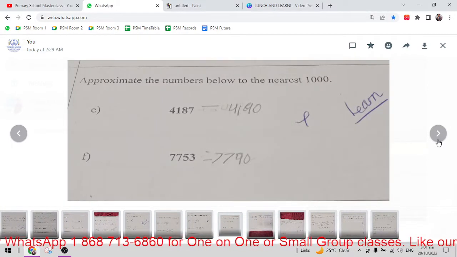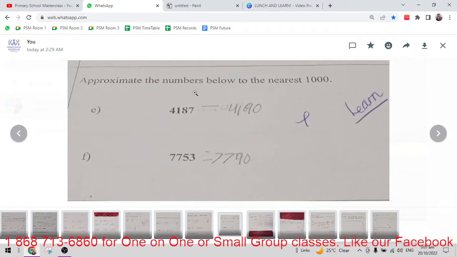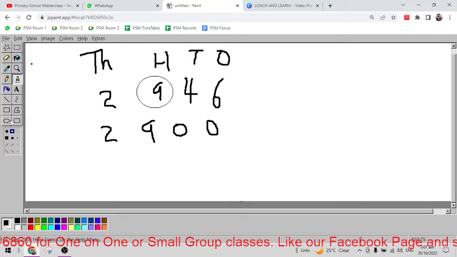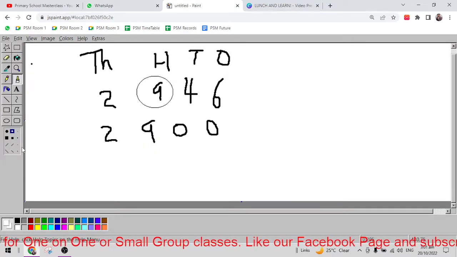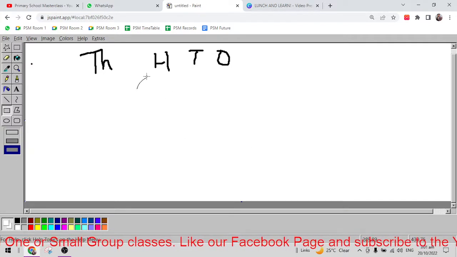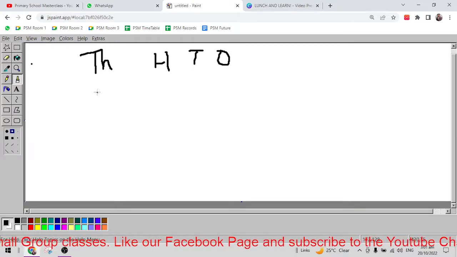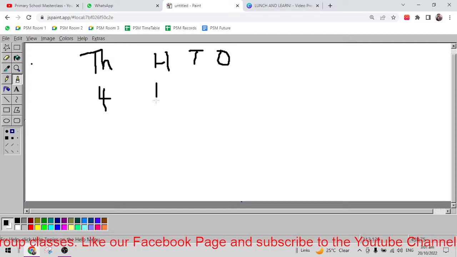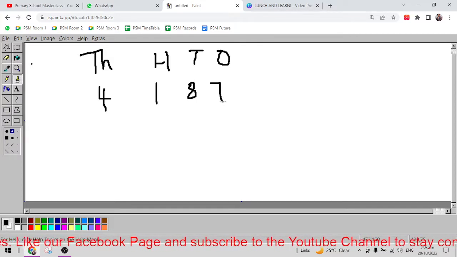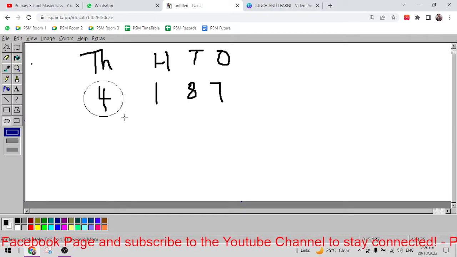Okay, great, check this one. Approximate the numbers below to the nearest 1,000. Okay, no problem. So I have 4,187. And the place value in focus is the 4.